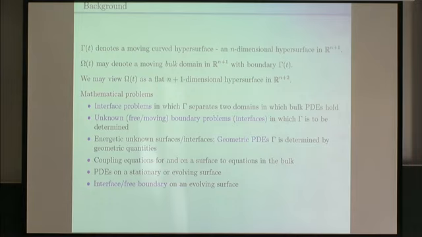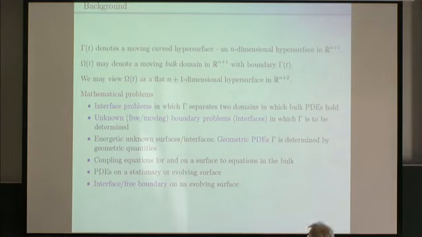And we can abstract that out. So when we're solving a coupled bulk surface reaction diffusion system, we can think of it as an abstract parabolic equation in an evolving space and look at it in exactly the same way as we look at solving a parabolic equation on a moving bulk domain. So, in principle, we should be able to derive a numerical methodology in the abstract setting which copes with all of this.